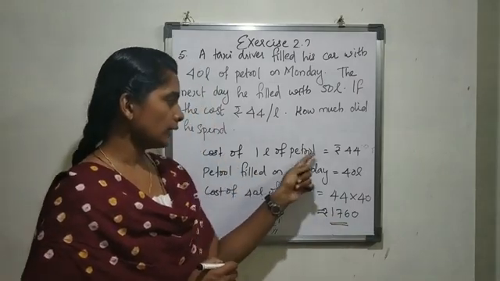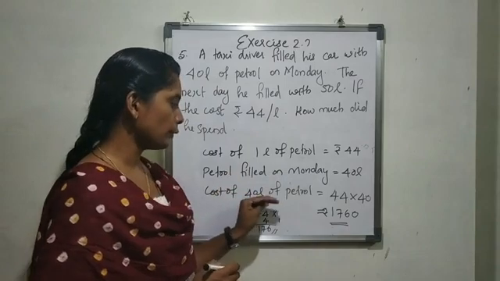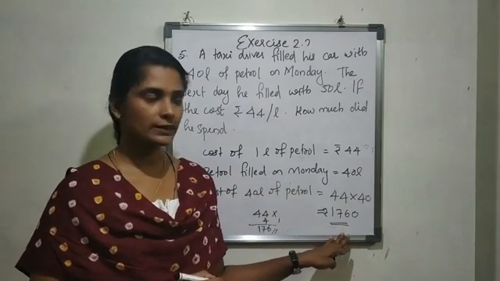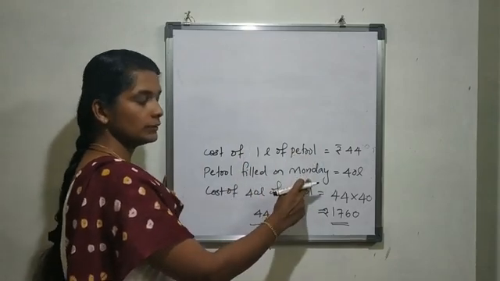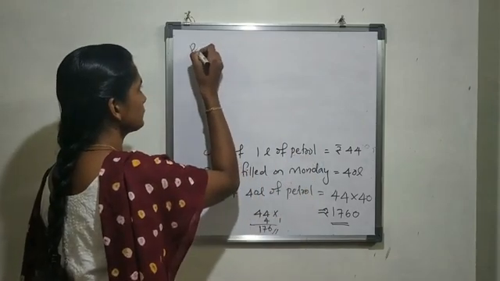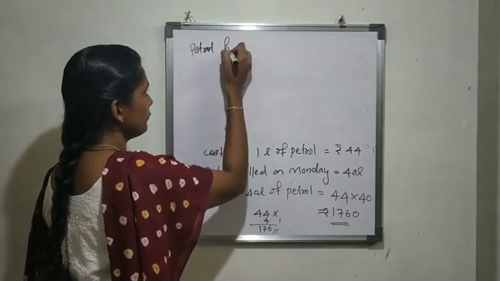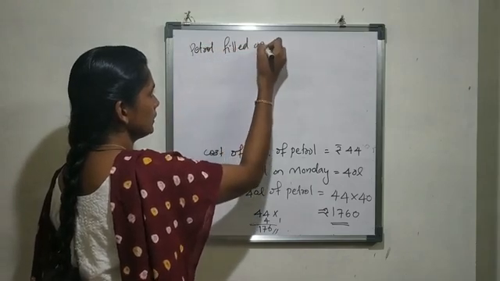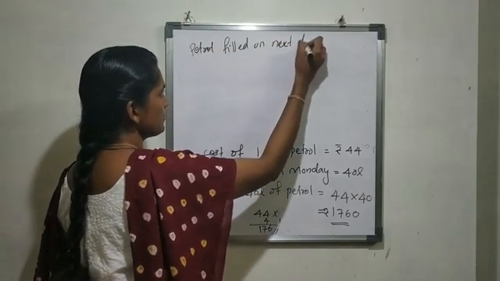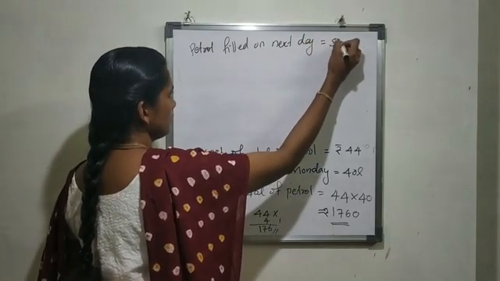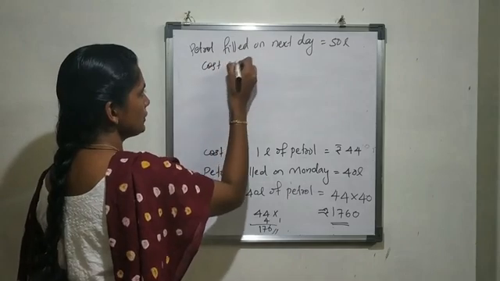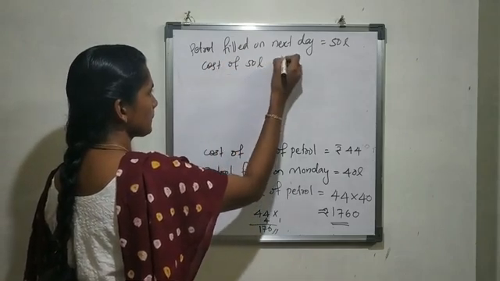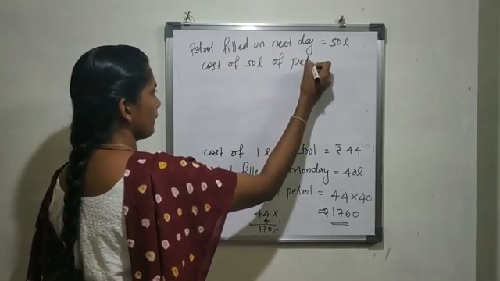Cost of 1 litre is 44. Therefore cost of 40 litres of petrol is 1760. Now petrol filled on the next day is 50 litres. So cost of 50 litres of petrol is, how much?